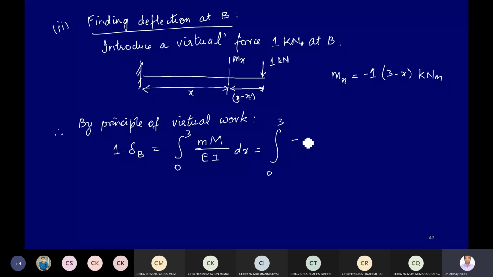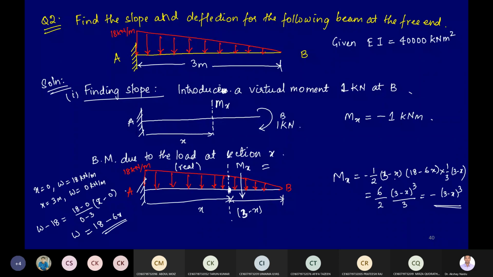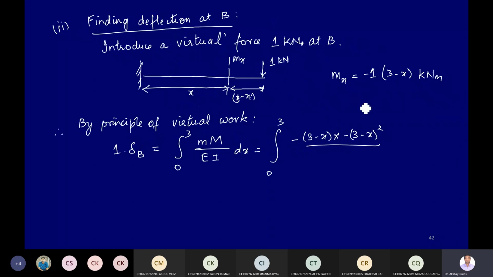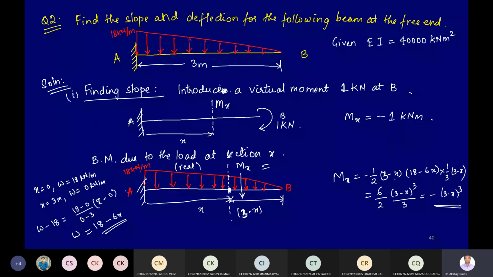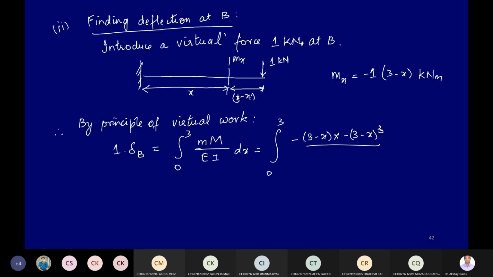Now small m is minus of (3 minus x). Capital M is minus of (3 minus x) the whole cube. Upon EI. So this is (3 minus x) the whole power 4, so (3 minus x) whole power 5 upon 5.